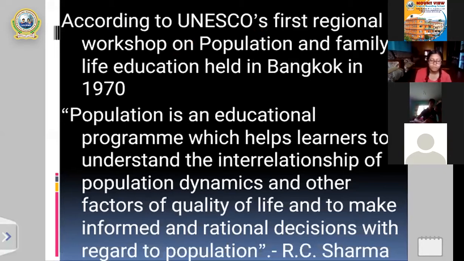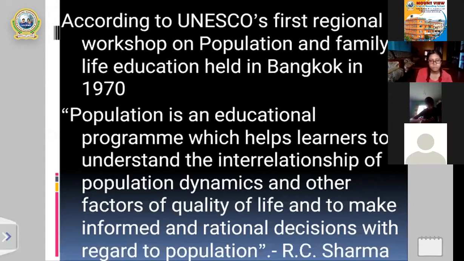Different people have different views, different opinions, and different thoughts, so different professors and economists have defined population education in different ways.